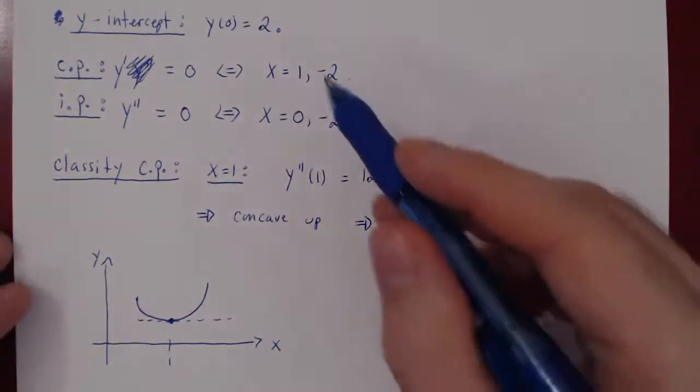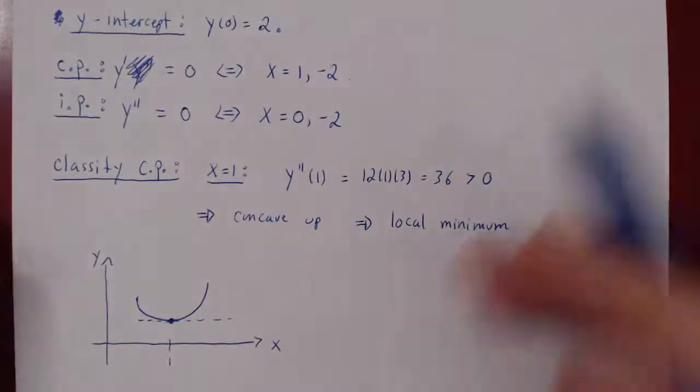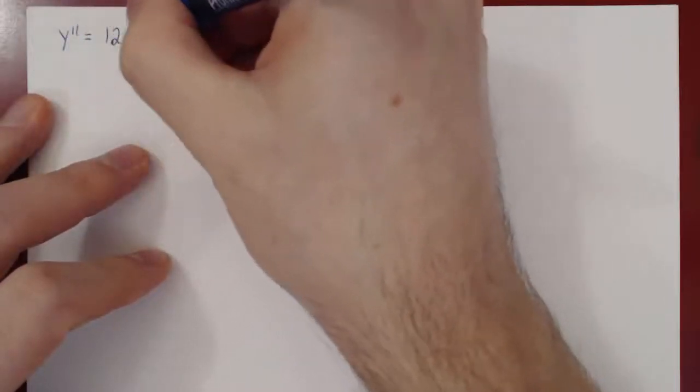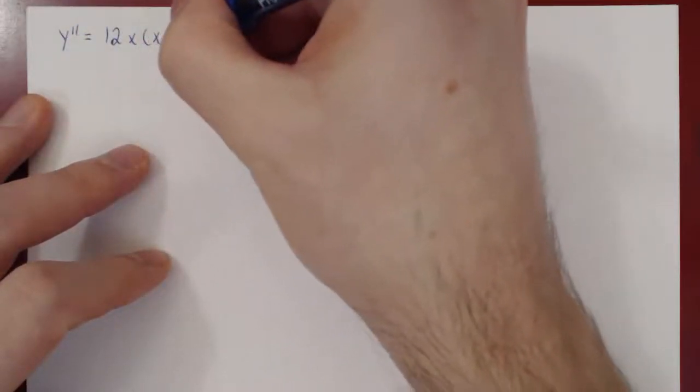Let's see if we can classify the second critical point with the help of the second derivative. Let me rewrite the second derivative as a reminder. Our second derivative, y double prime, is 12x times (x plus 2).